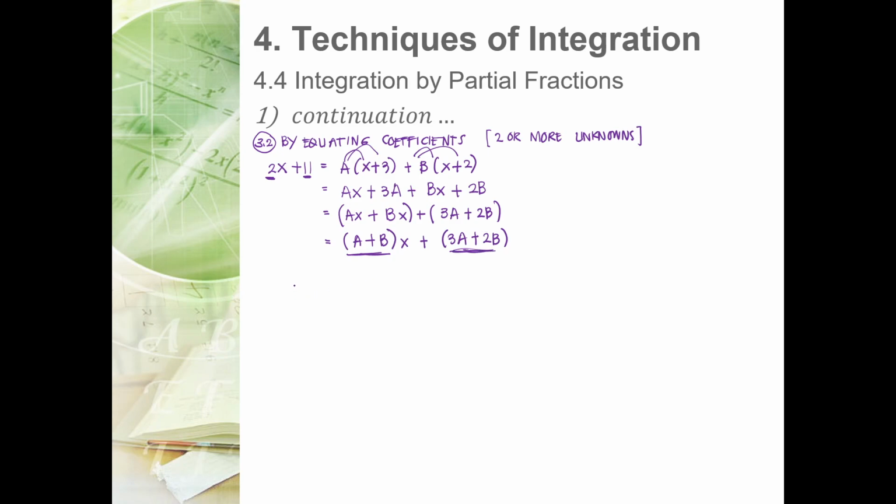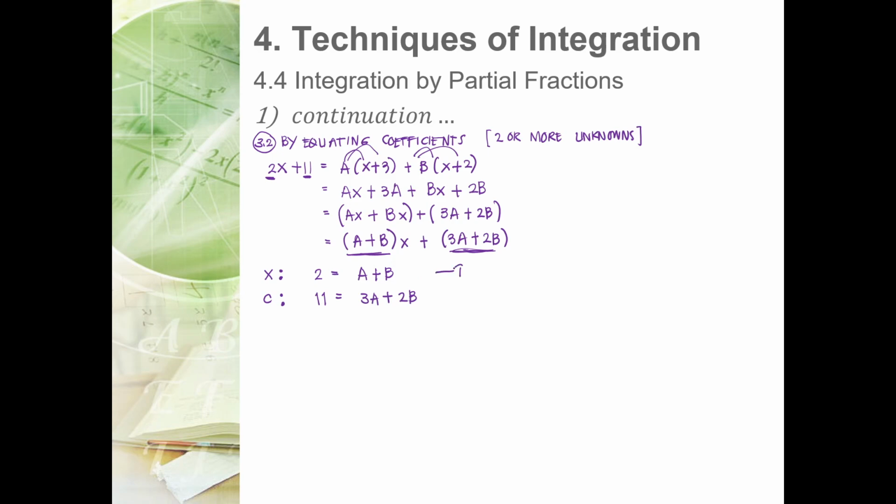The proper way to do this, so you're not confused, is starting off with the x parameter: x and then a colon, so that you know you're equating coefficients of the x variable. So 2 on the left side is equal to a plus b. Next is the constants, so c: that's 11 on the left side, and the right side is 3a plus 2b.